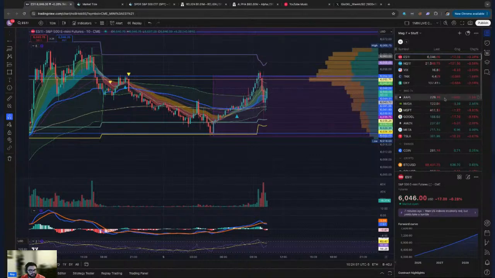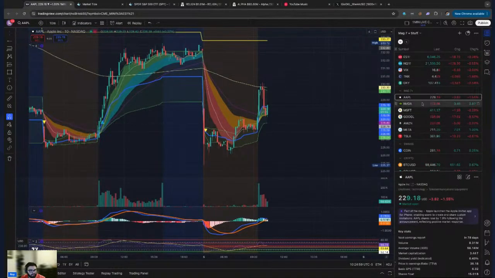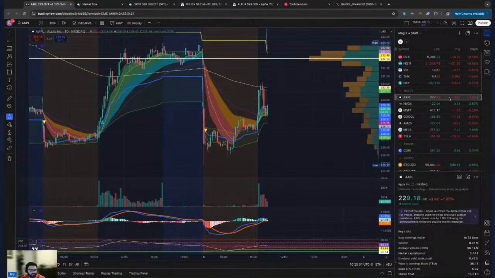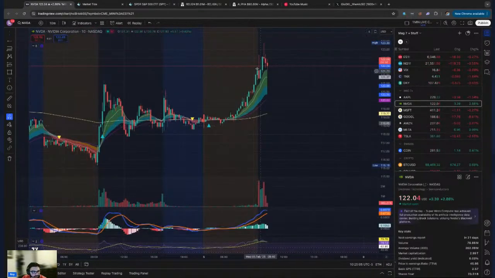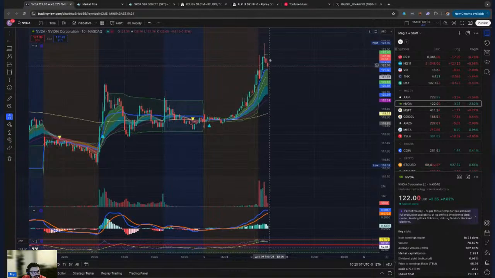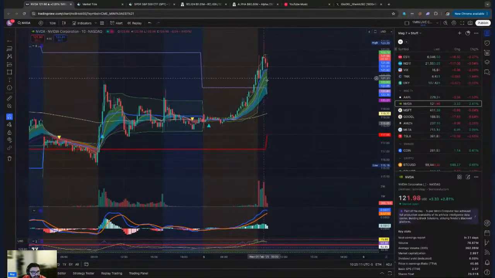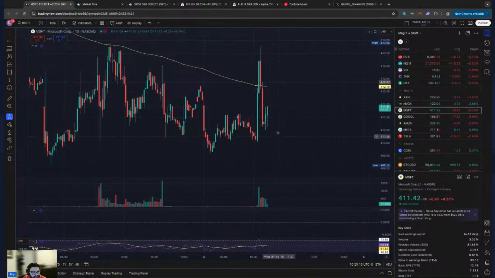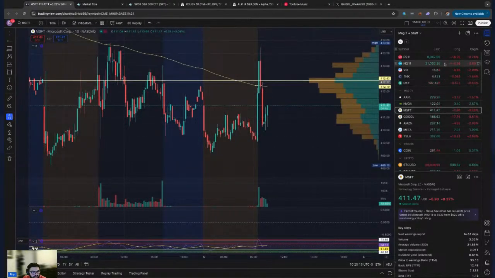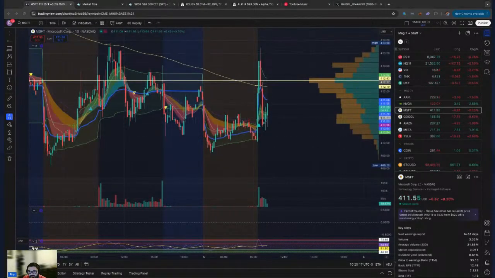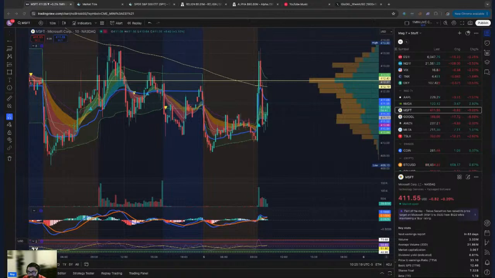Looking across Mag 7, you got Apple slightly red, 1.5% red, under 230. NVIDIA kind of has a topping pattern here, kind of trending down. We'll see how that does, but this could be a flag forming as well. Microsoft is pushing higher, which obviously will help the market push up.